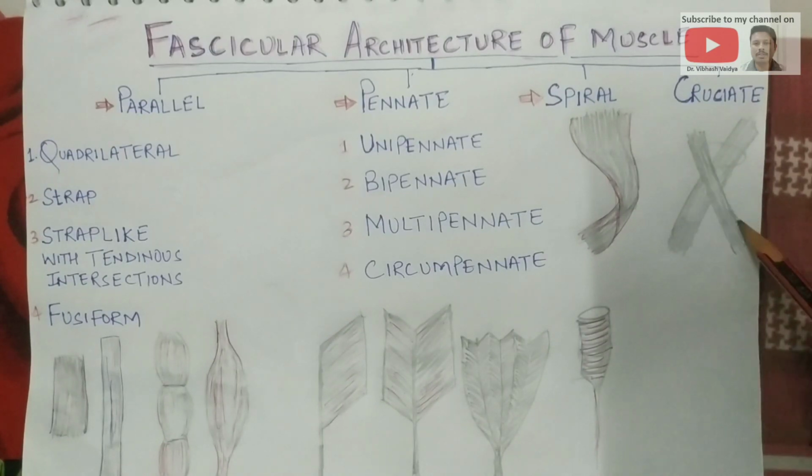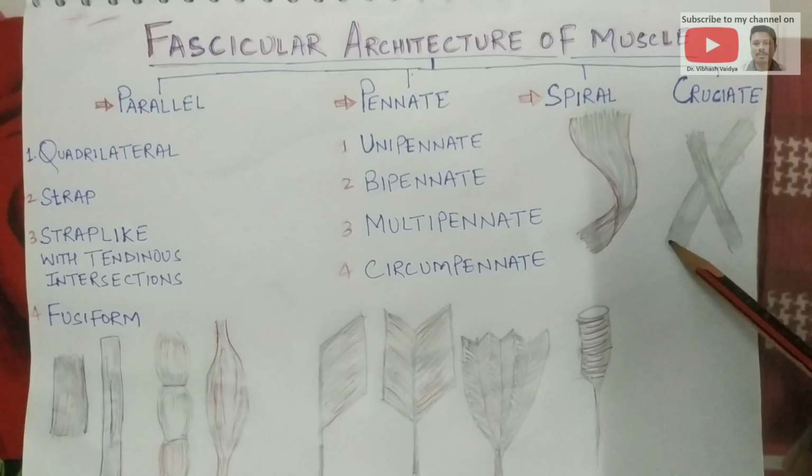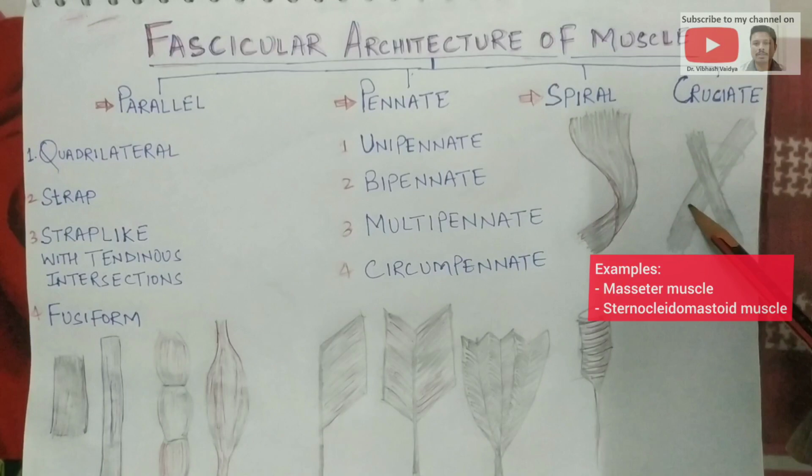As the name indicates, the cruciate muscles are cross-like. The muscle fibers are arranged in superficial and deep planes. This is the superficial plane, and just beneath it is the deep plane. Examples of cruciate muscles are the masseter and the sternocleidomastoid.